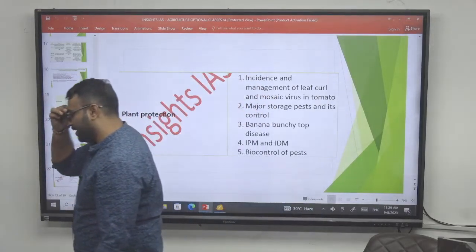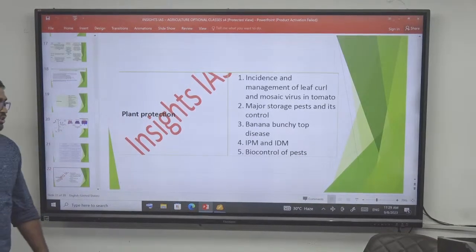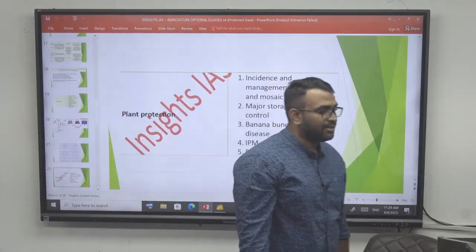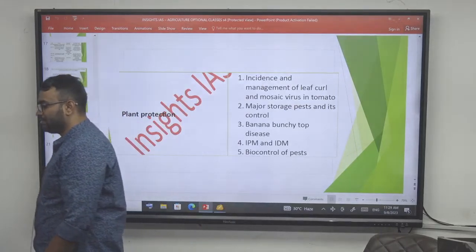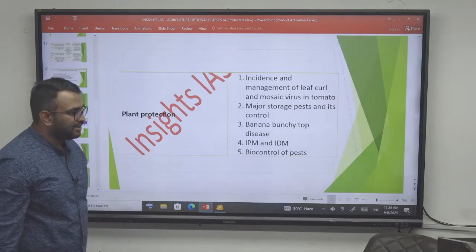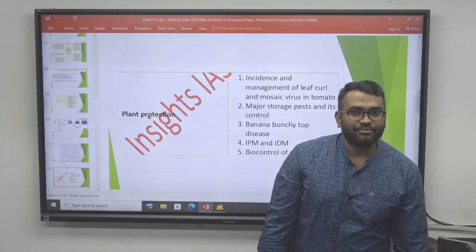So here these are the expected areas for this year's mains. Because the price of tomato skyrocketed, 200 rupees, 150 rupees, that was the price. It was not because of the usual artificial scarcity, but this time the yield itself was less because of diseases, that is leaf curl and mosaic virus.